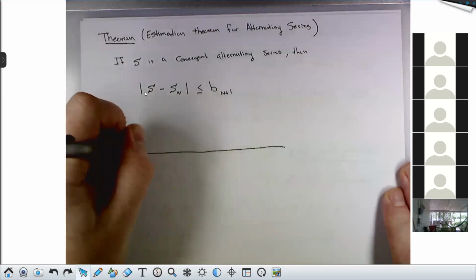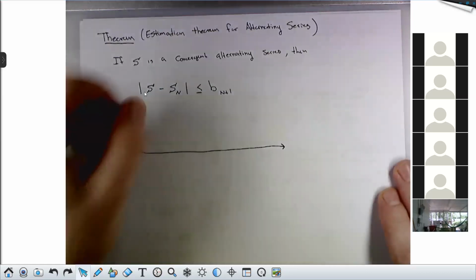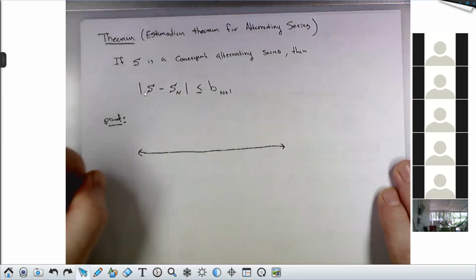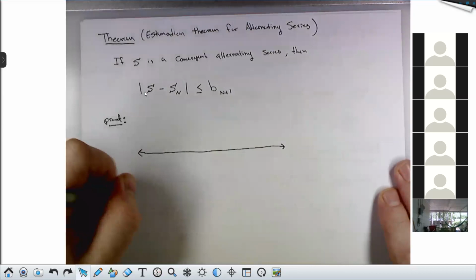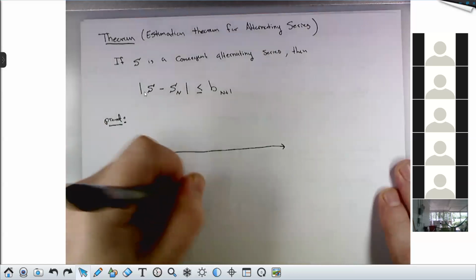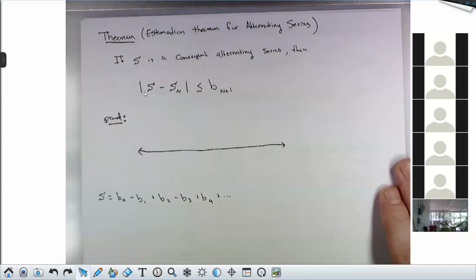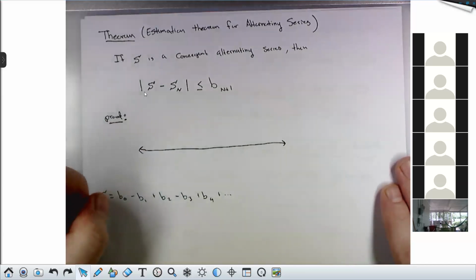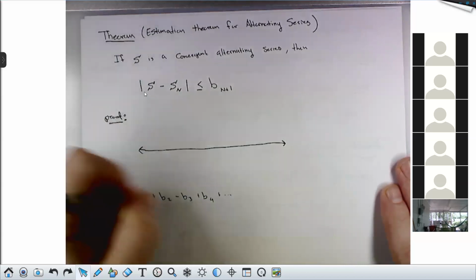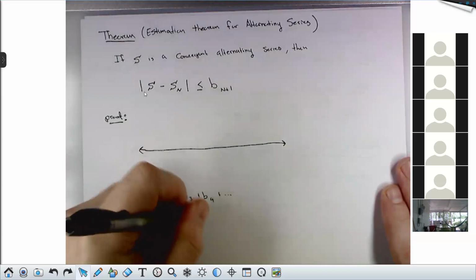Let me draw for us here a number line. Remember that S would be something like B0 minus B1 plus B2 minus B3 plus B4, and so on. And S sub n, the nth partial sum, would be like B0 minus B1 plus B2 minus, and so on, out to B n.